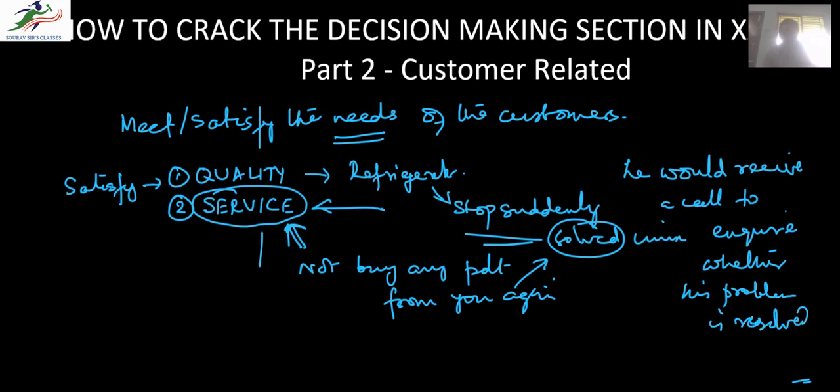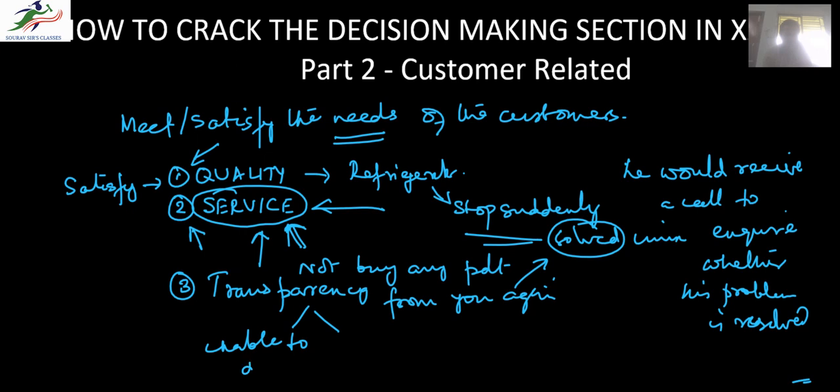This is again service. So the customer's expectation is both quality and service, and along with that they expect transparency. Now what does that mean? This means that sometimes it may happen that you are unable to deliver as per his expectation.